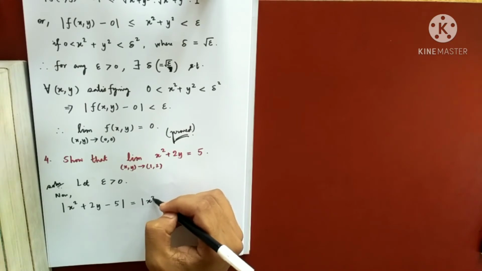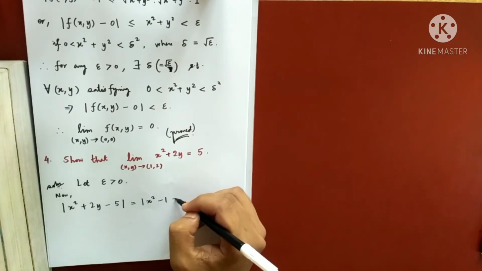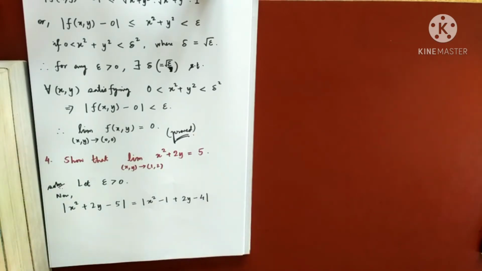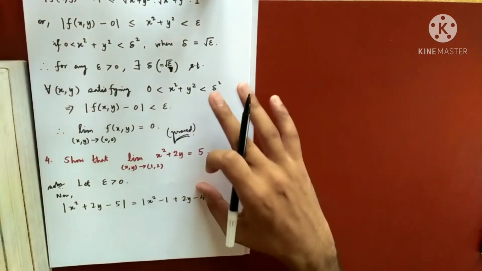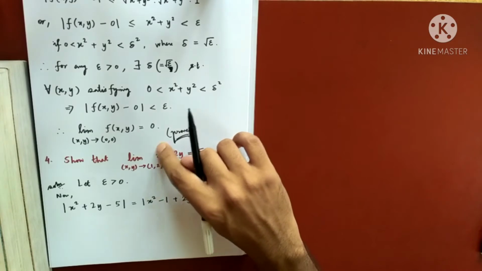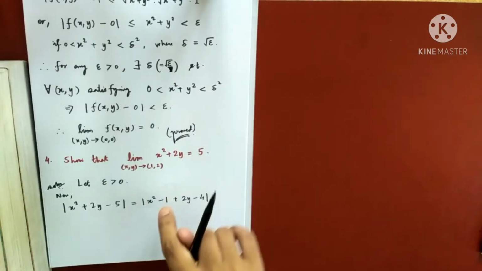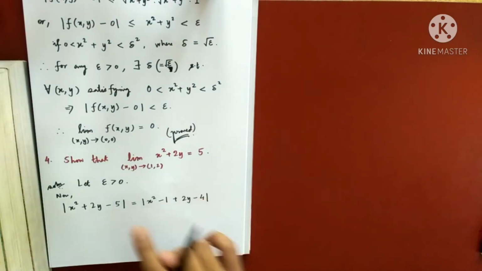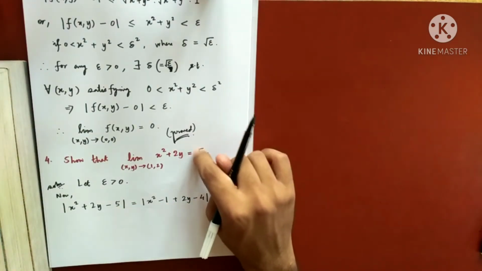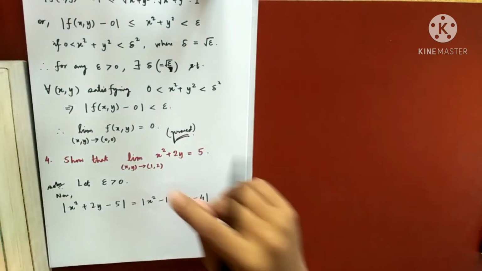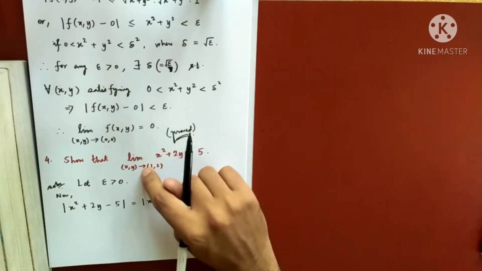I'll write this 5 as 1 and 4. Just think about why I am doing this manipulation. If you put x equals 1, this gives me 1 square, and if I put y equals 2, this gives me 2 times 2, which is 4. So I am breaking this 5 as 1 and 4, and that is the reason this answer is 5. You know, like you have done in class 11 or 12, whenever the function is defined, you put the value.